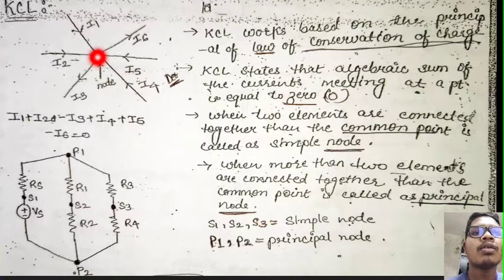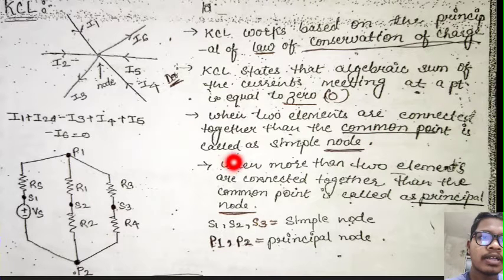So see, this is the node. The definition of a node is when two elements are connected together. That means two elements, I1 and I2, are connected together here. This is our common point, and this common point is also called a simple node.